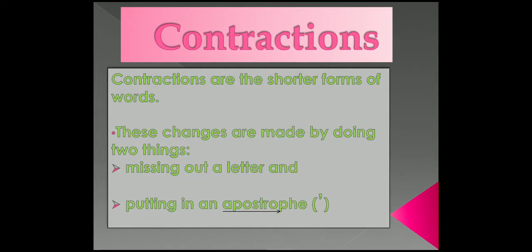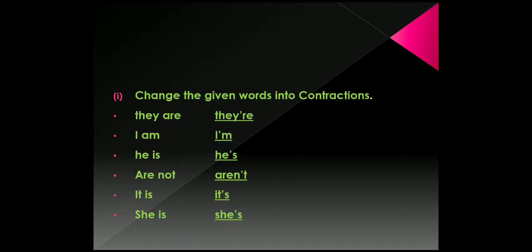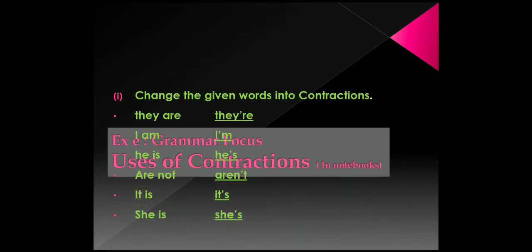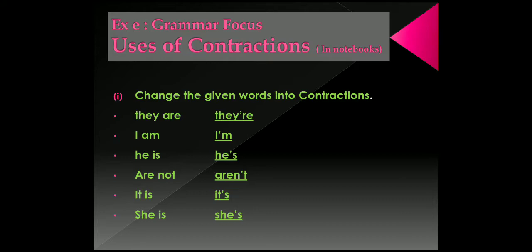Here is an example. She is. We make she is a shorter, squeezed form. We remove I and we put an apostrophe in place of I. Now open your notebooks quickly and start doing this question. Change the given words into contractions, meaning make them shorter.